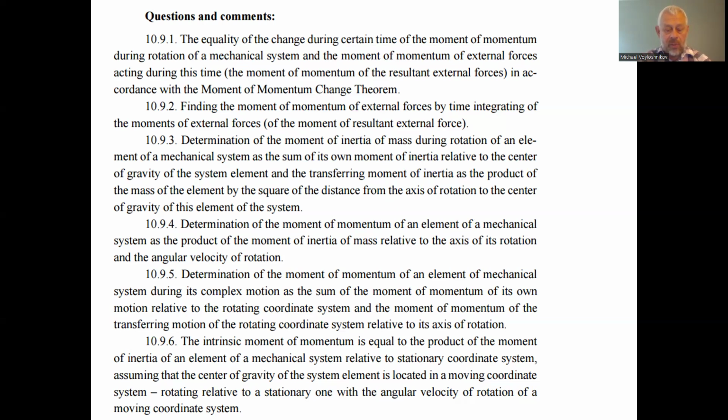10.9.5: determination of the moment of momentum of an element of a mechanical system during its complex motion as a sum of the moment of its own motion related to the rotating coordinate system and the moment of the transferring motion of the rotating coordinate system relative to the axis of rotation. Exactly. If we have a complex motion, where an element of the mechanical system moves relative to other elements or relative to the general mechanical system, we have to consider two motions. First is the transfer motion, that is the motion and rotation, because we are talking about the moment of momentum, or kinetic moment.